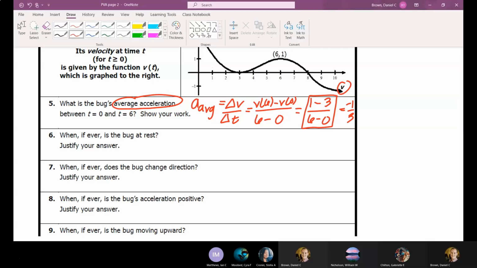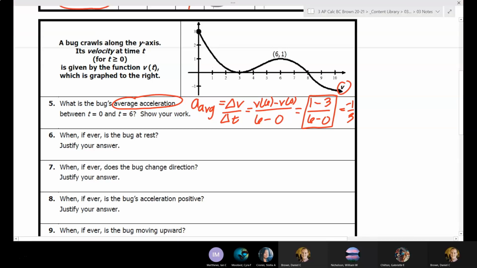Second question, again, you always want to think about what it means. It says, when, if ever, is the bug at rest, and then justify your answer. Whenever I have to justify my answer, I like thinking about my justification first. If I'm saying at rest, what does that mean? At rest means that the velocity is equal to 0. Well, where is the velocity equal to 0?